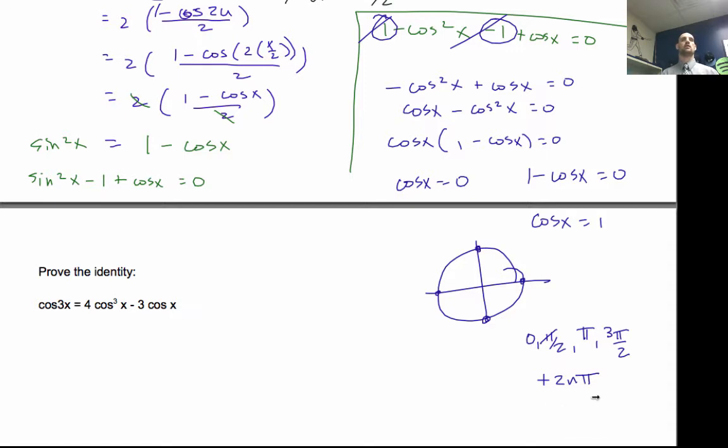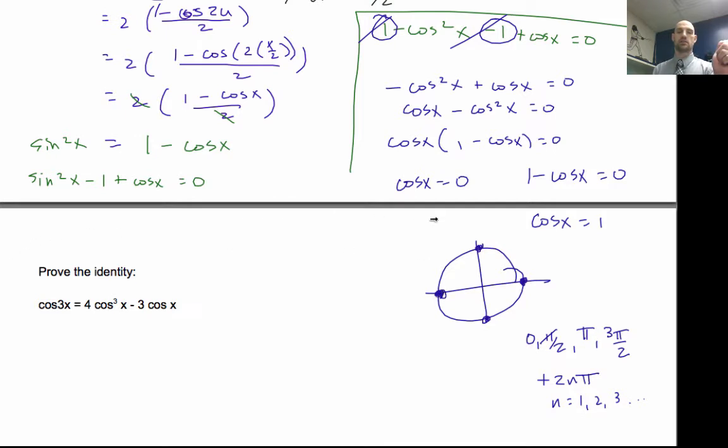So I need where n is equal to 1, 2, 3, etc., because all of my angles I could go around again. So where cosine is equal to 0, that's where my x value is equal to 0. So that's pi over 2 and 3 pi over 2, or where my y value is equal to 1. So that would, or my x value is equal to 1, which would be at here and here.